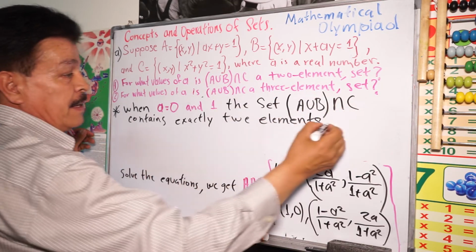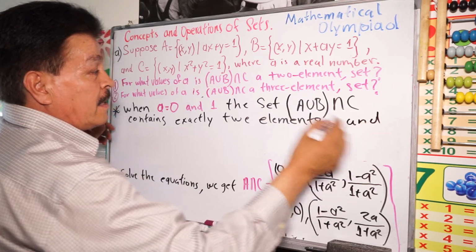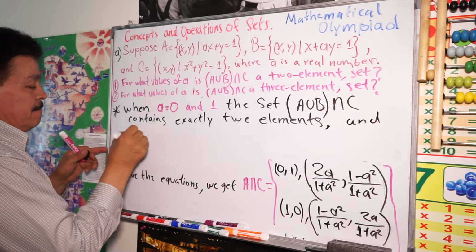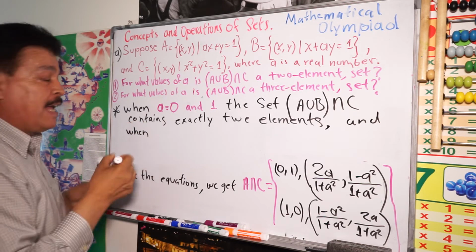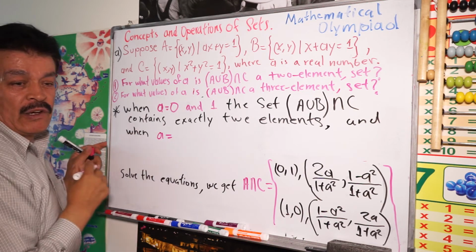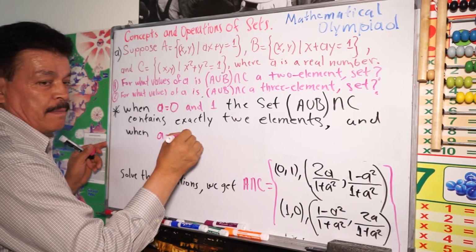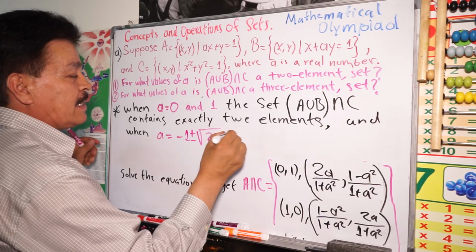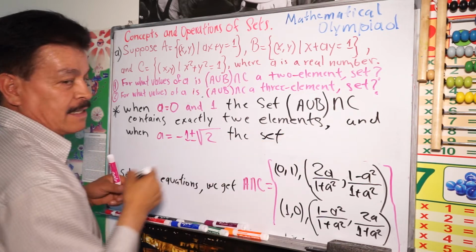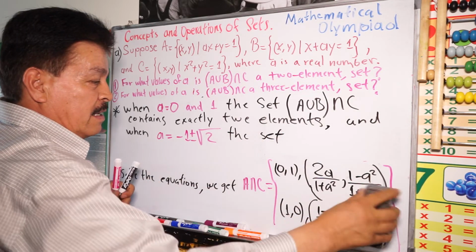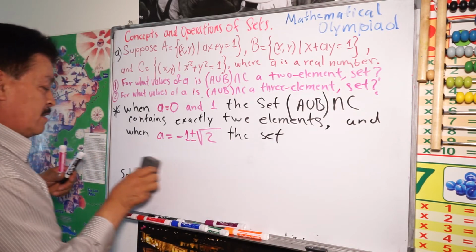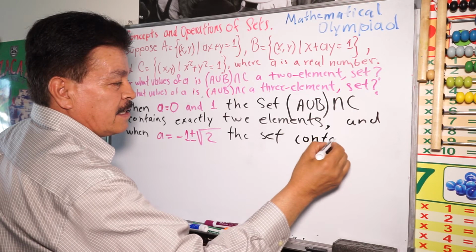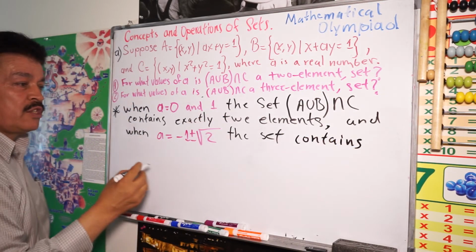And the second one: when a is equal to −1 plus or minus the square root of 2, the set contains exactly 3 elements.